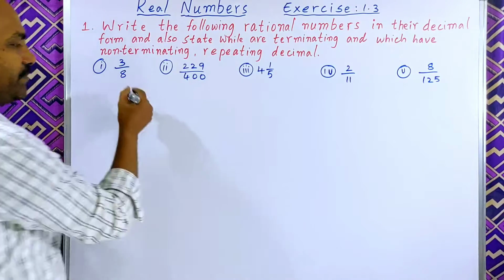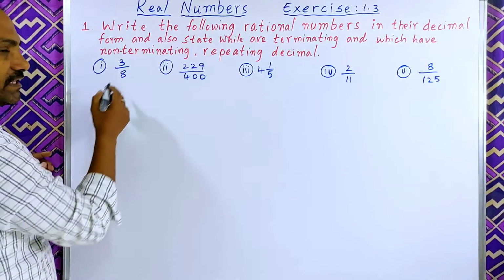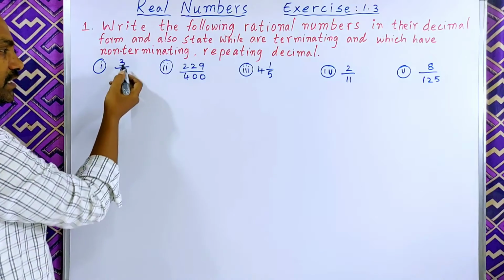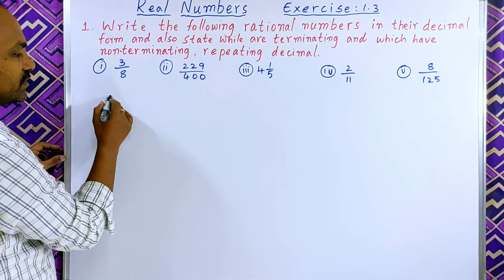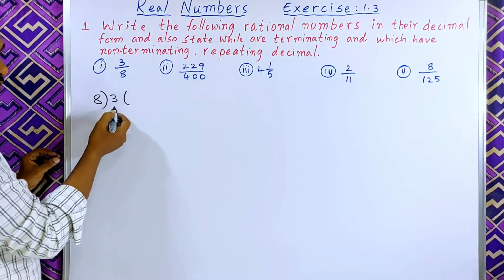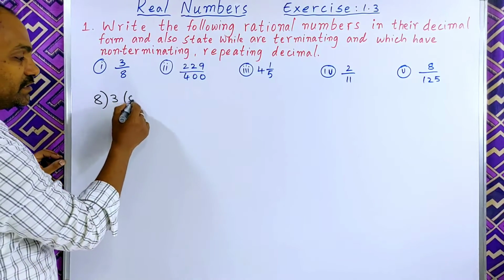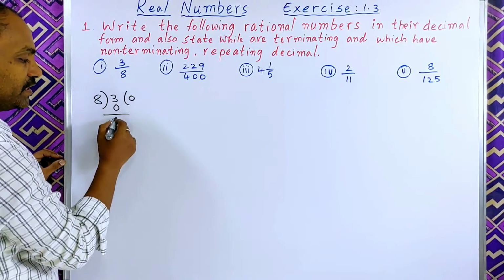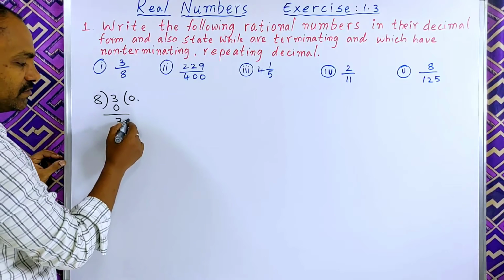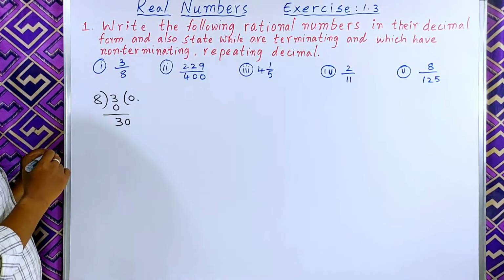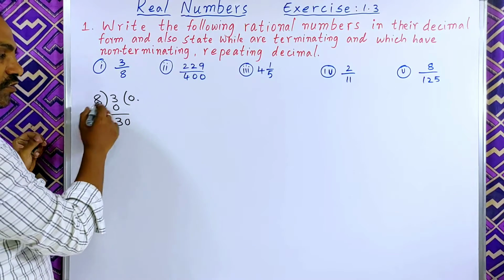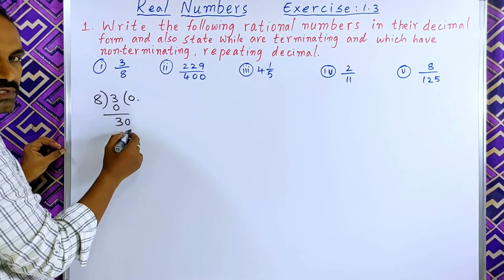First one, 3 by 8. How can we change it? By dividing the numerator by the denominator. So 3 divided by 8. 8 once 8, it is not gone, so 8 0 0. Here 3, put the point and then 0. How many times? 8 4s are 32, not gone.